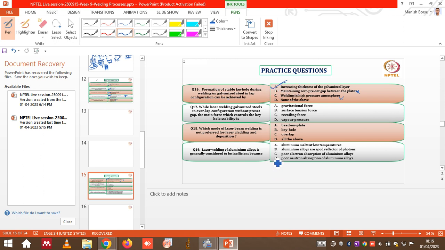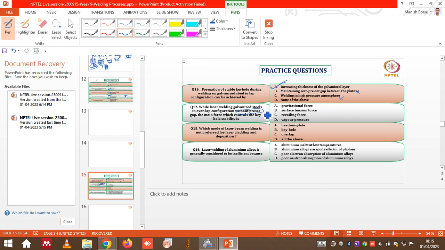And for the 17th question, while laser welding galvanized steel in overlap configuration without preset gap, what is the main force which controls the keyhole stability? They said without preset gap, so the vapor is not escaping.